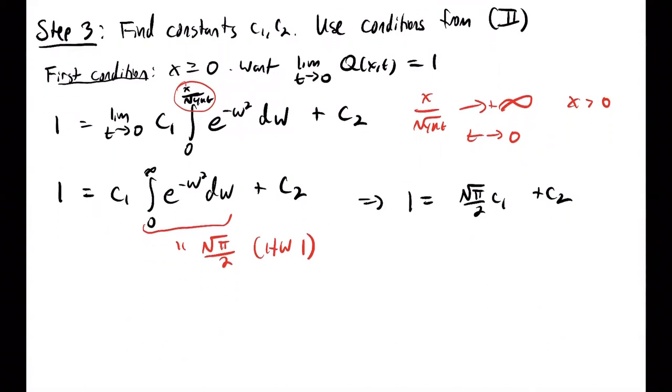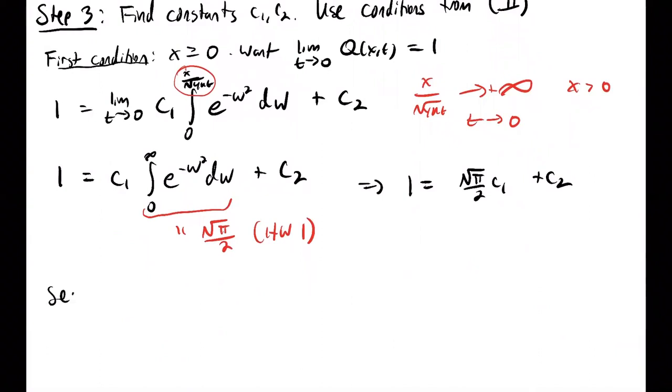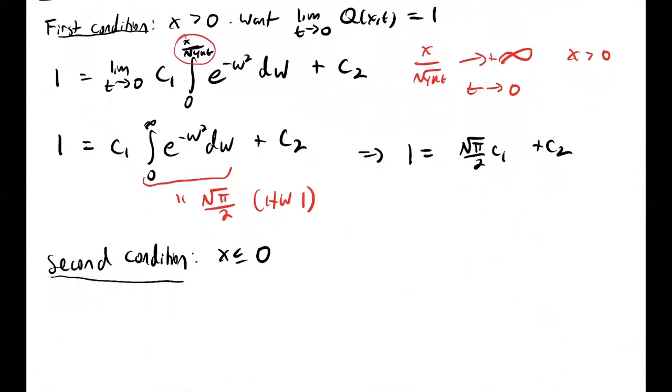But remember, we have another condition, which we haven't used yet. This is the second condition, when x is equal to 0, or x is less than or equal to 0. In this case, I want the limit as t goes to 0, when x is less than or equal to 0, of q of x, t. This should be equal to 0 now. Remember we had this piecewise defined formula for q. So let's just do the same thing we just saw before.